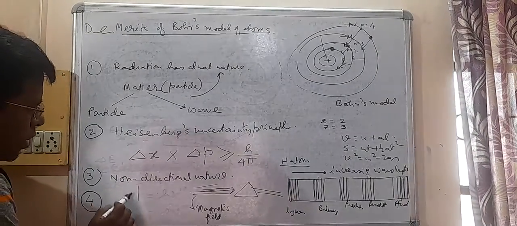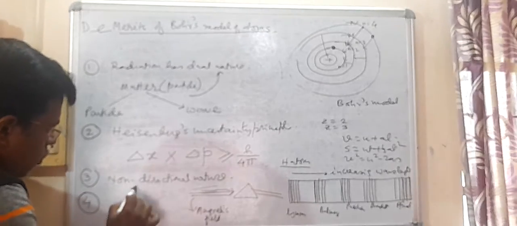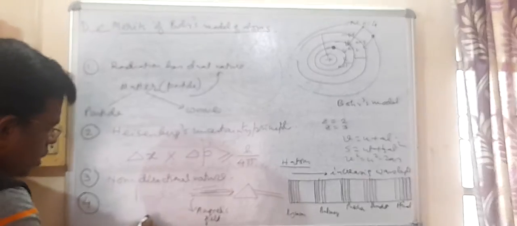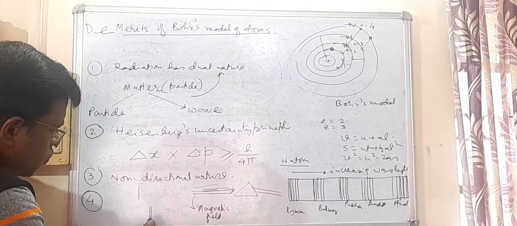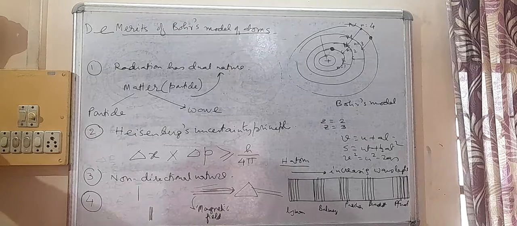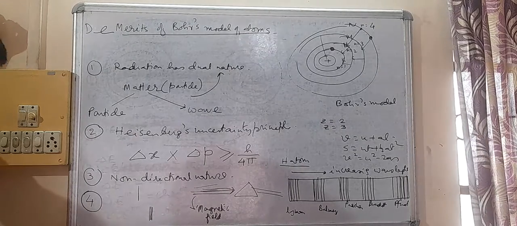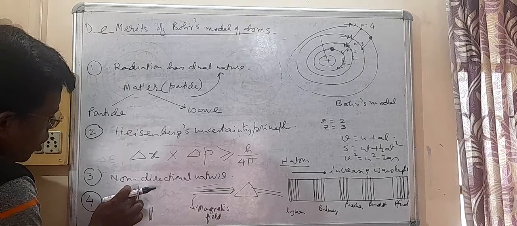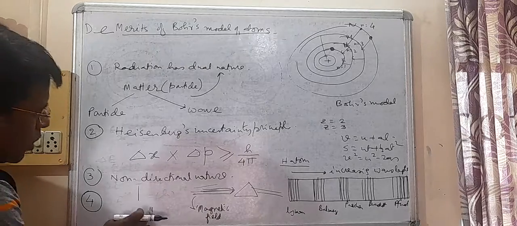Now, in the presence of a magnetic field, what is found is that this spectral line will split into more closely spaced lines. So this line, in the presence of a magnetic field, will become like this.